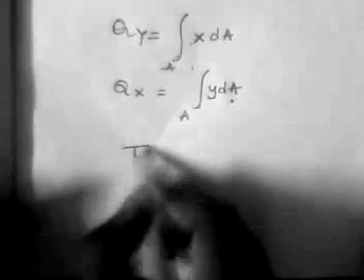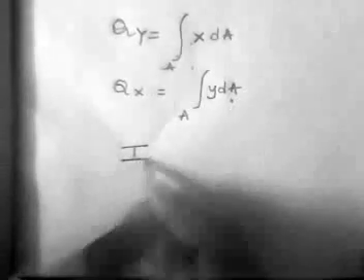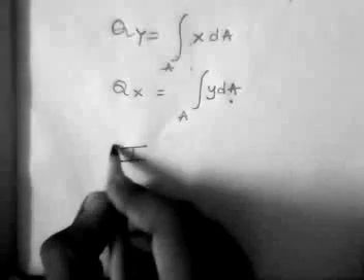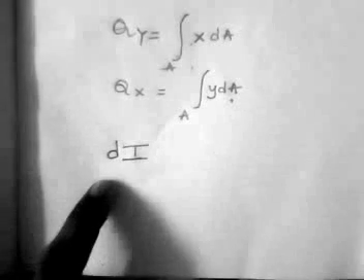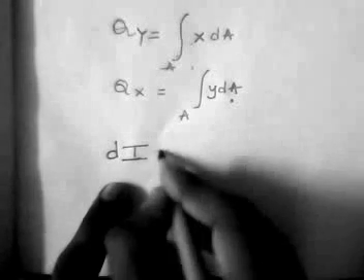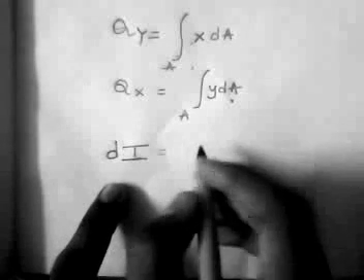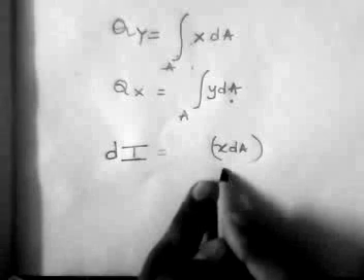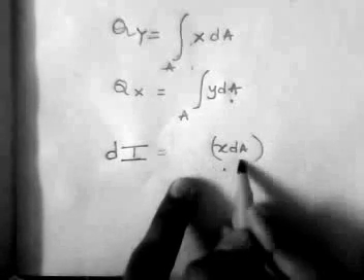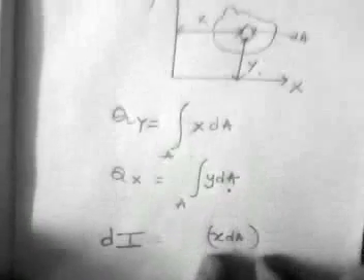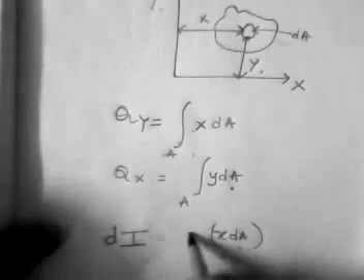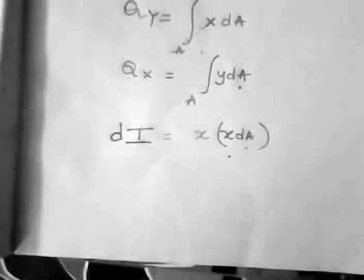If you denote the second area moment as I, and write it in integral form, dI will be equal to x dA, which is the first area moment, into the distance x.